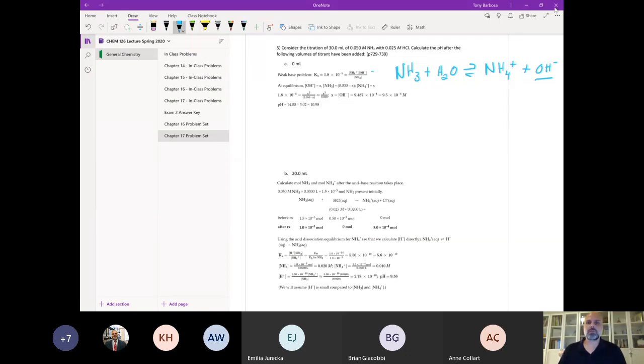We get our ice table, right? I'm not going to go through ice tables, you just need to recognize that you start off with a 0.030 molar solution of ammonia.